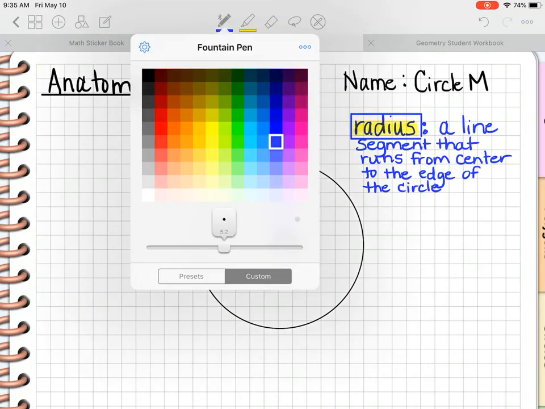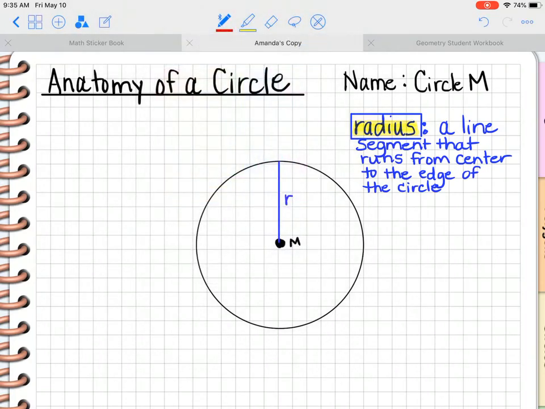So I'm going to pick up a red color and draw another line through the center that goes from edge to edge. And this one is called diameter.